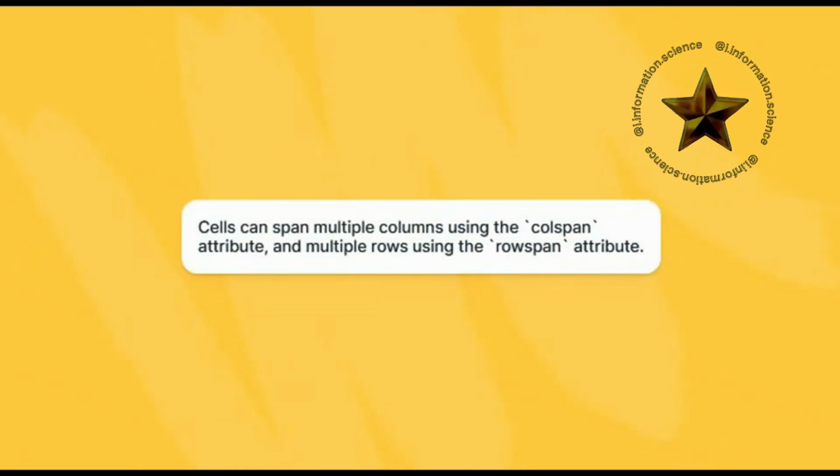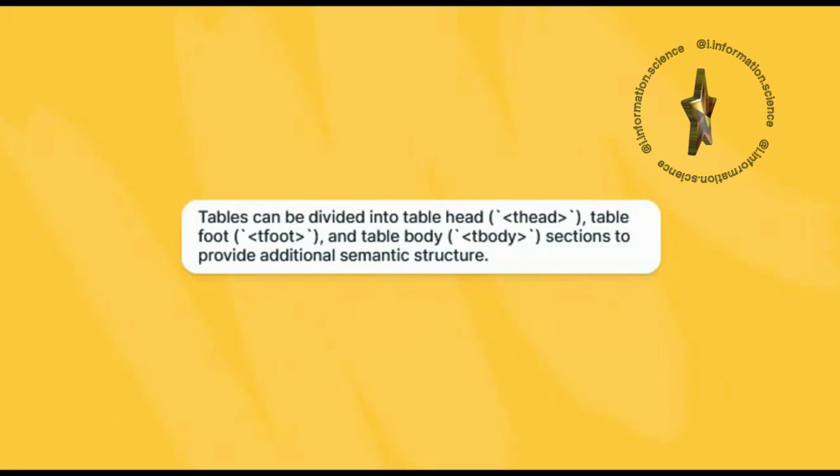Cells can span multiple columns using the colspan attribute and multiple rows using the rowspan attribute. Tables can be divided into table head, table foot, and table body sections to provide additional semantic structure.